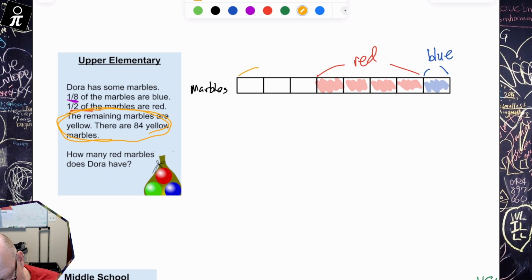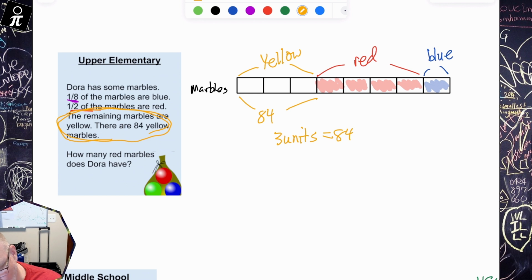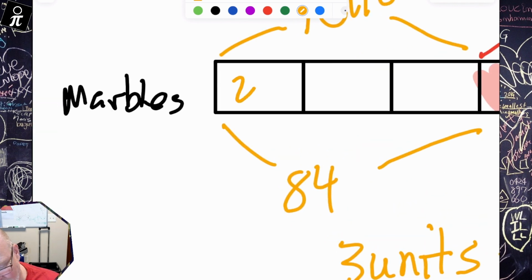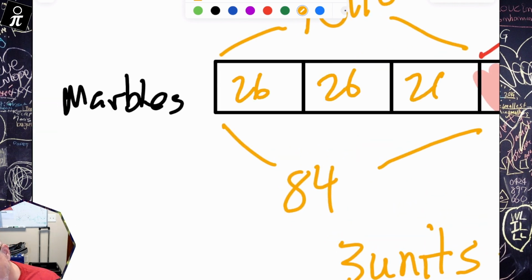So this piece right here is yellow, and we know that that is 84 marbles. So 3 units is equal to 84. So that means for 1 unit, all we have to do is a little bit of division, and we're going to get 28.